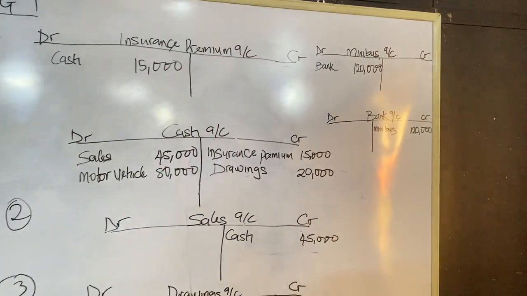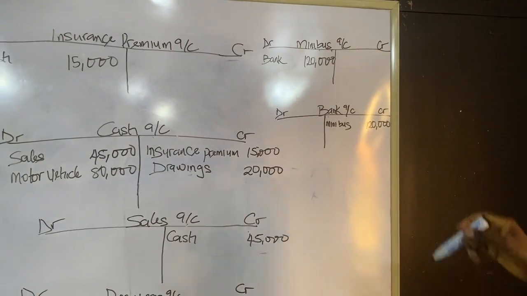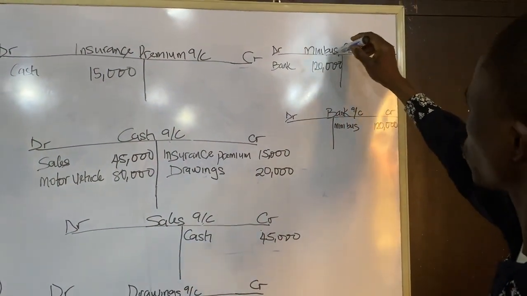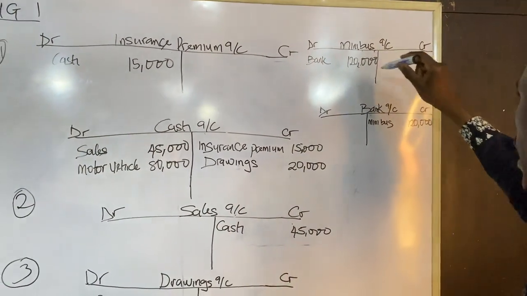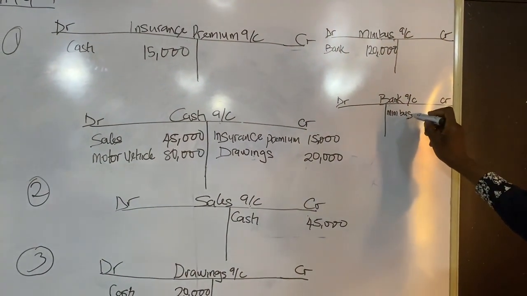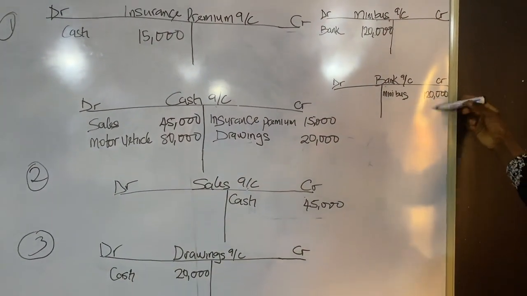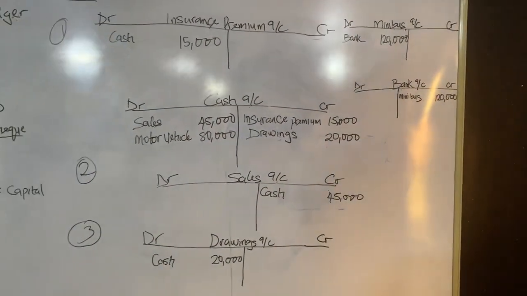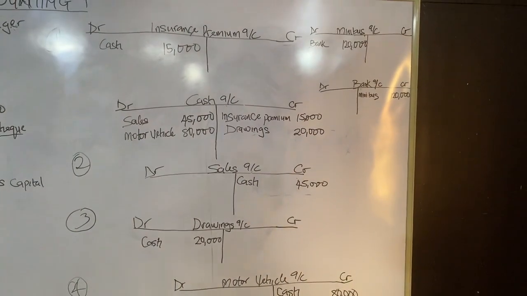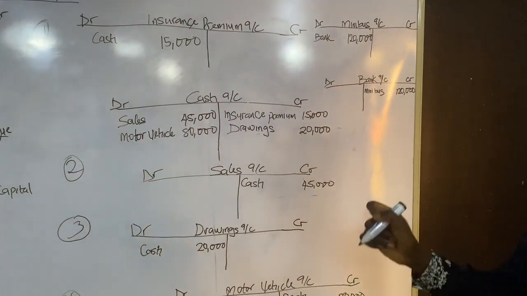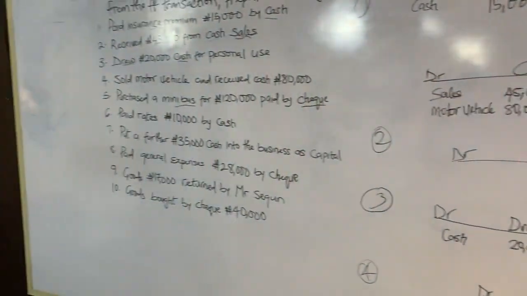Every accountant, when they see this, they know that okay, you purchased a minibus through check, or it might be through transfer. That means money is going out from your bank account of this value of 120,000 naira.